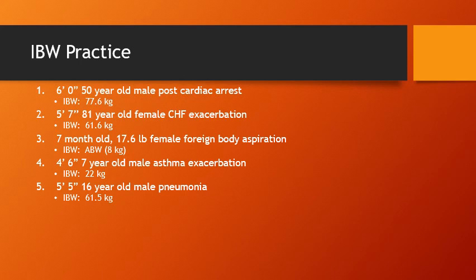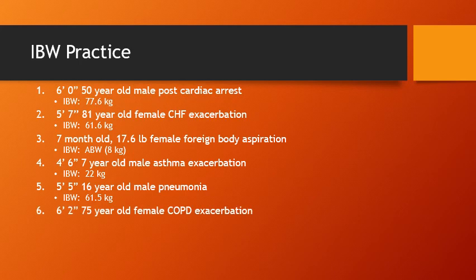Now, 16-year-old, you may be thinking that this patient is a pediatric, but like we said, for ventilator settings, anybody over 5 foot or past puberty is going to be considered an adult, and this patient obviously is taller than 5 foot, so we're going to use the adult male calculation, which we would take 5 times 2.3 and then add that to 50, giving us 61.5 kilograms.